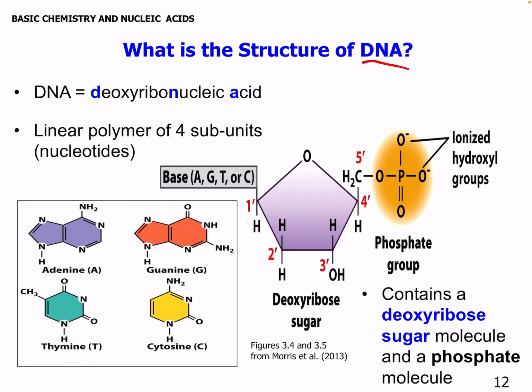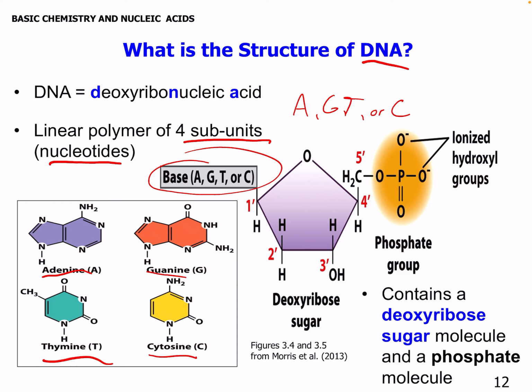So DNA. Again, DNA is deoxyribonucleic acid. It is a linear polymer of 4 subunits or nucleotides. So again, DNA is A, G, T, or C, as we can see here. These are our bases: adenine, guanine, cytosine, and thymine. And these are our base pairs, which we'll get to later, in that they match to each other in our DNA.